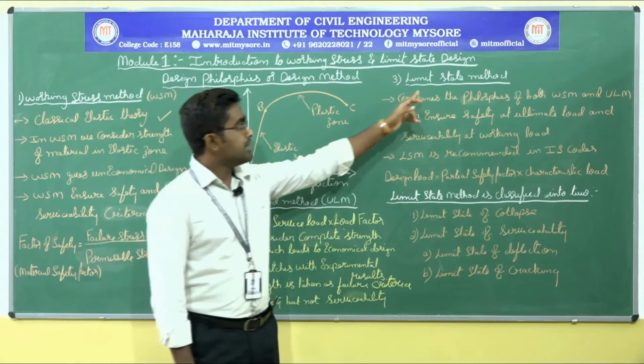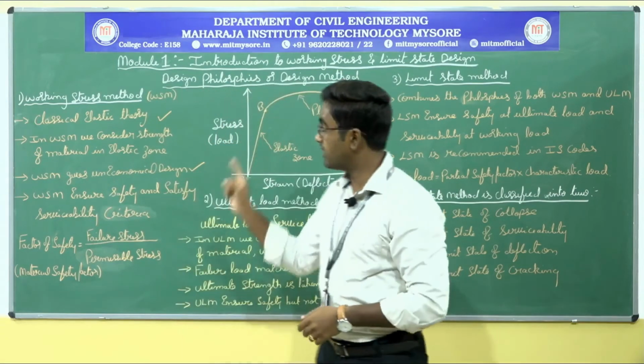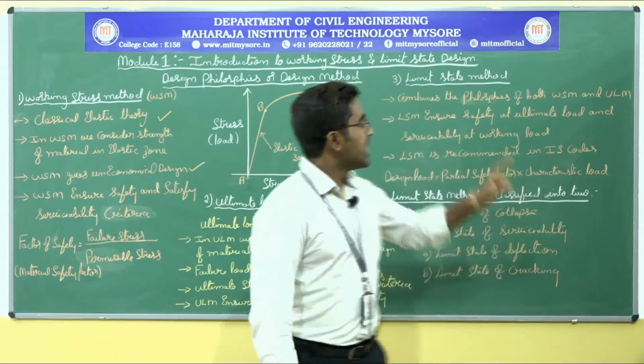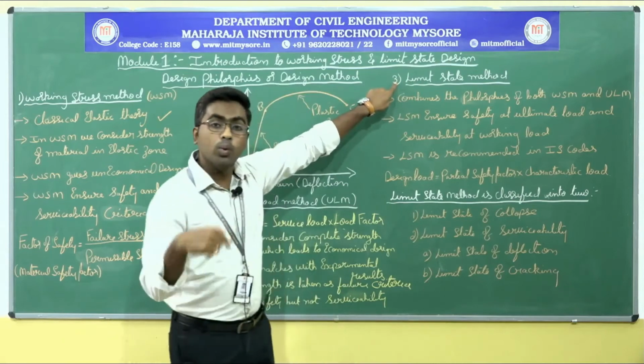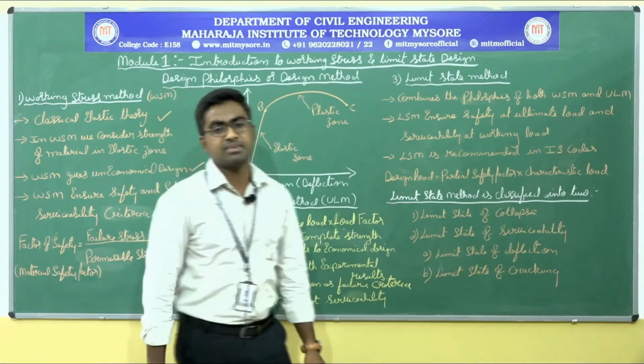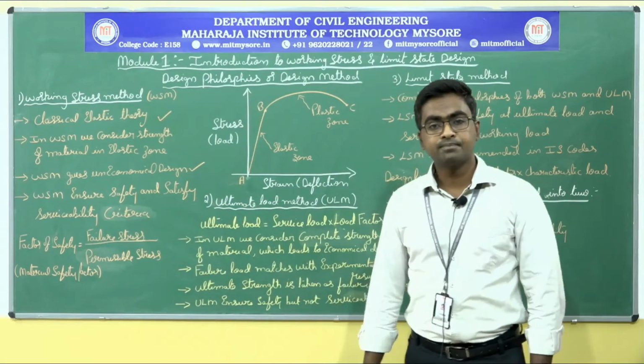See, the limit state method is the combination of both the philosophies of the working stress method and the ultimate load method, and the limit state method will also overcome the demerits of the working stress method and the ultimate load method. See, what was the demerit of the working stress method?